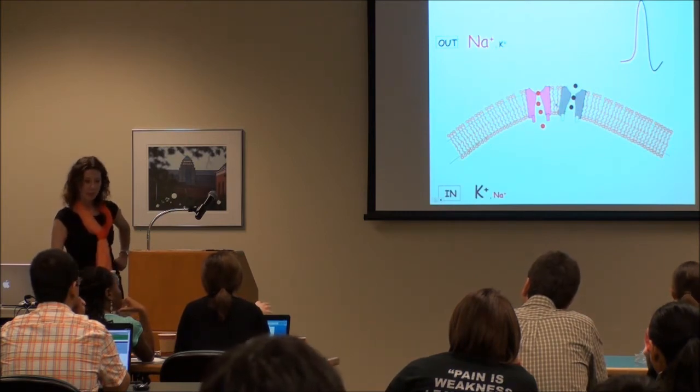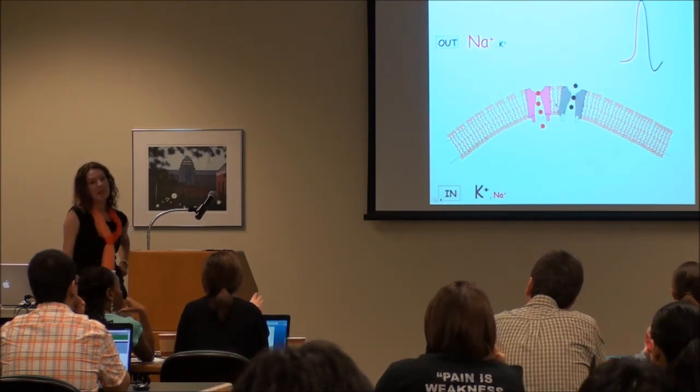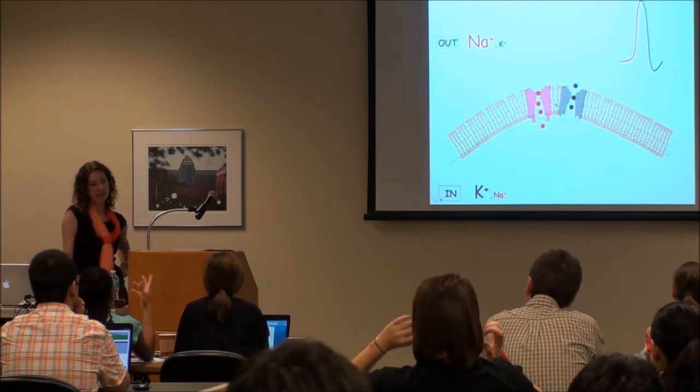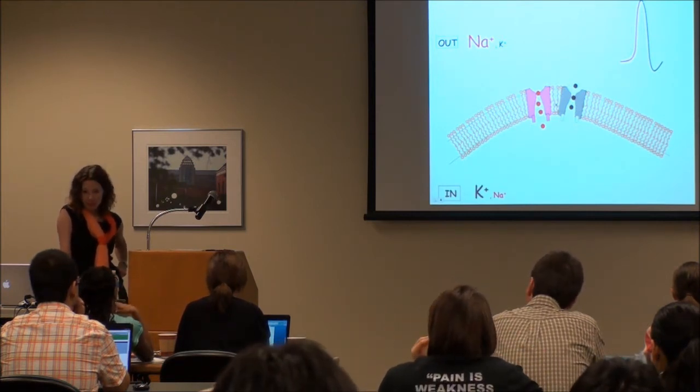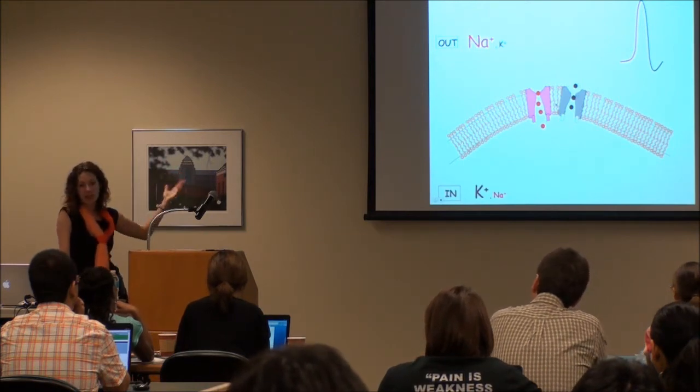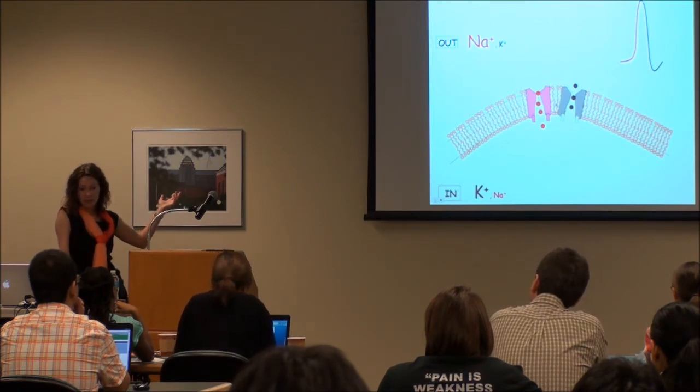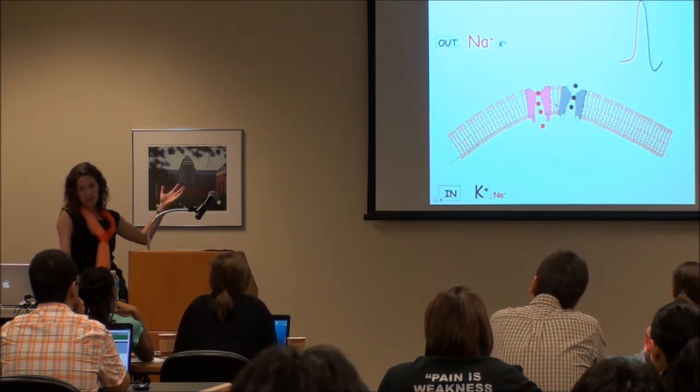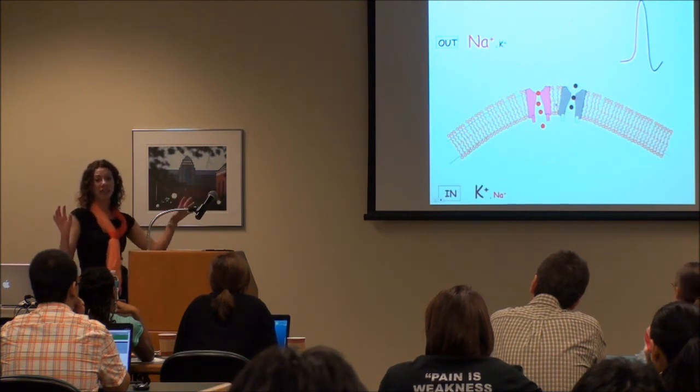So different channels have different sensitivity. Yes, yeah. What if you don't have the similar potassium? Oh, you do. The physiological solutions are 150 millimolar sodium outside and about 100 millimolar potassium inside, and they are very large sinks.